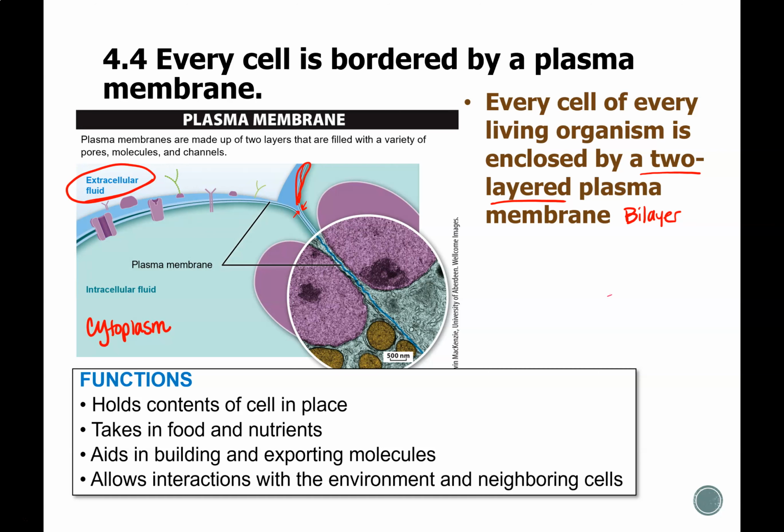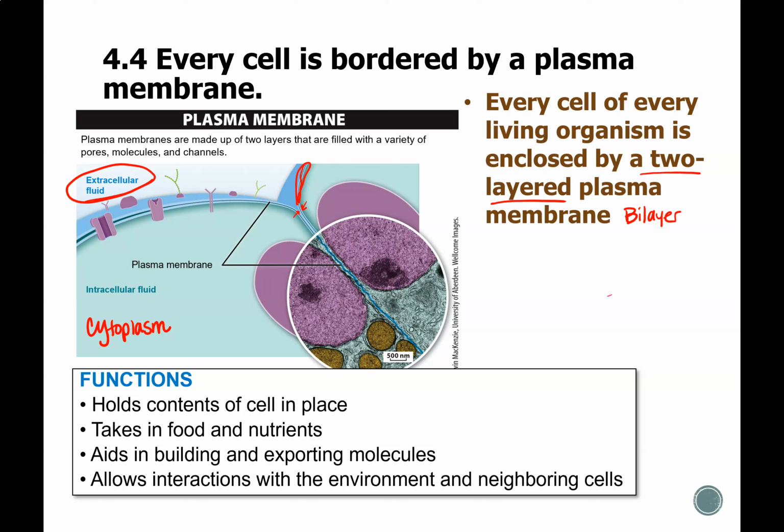This is usually a watery fluid that washes over all the cells in an organism. And then inside the cell is the intracellular fluid. So the cytoplasm is the actual jelly-like fluid. The intracellular fluid contains the cytoplasm and all the organelles that are found within the cell.